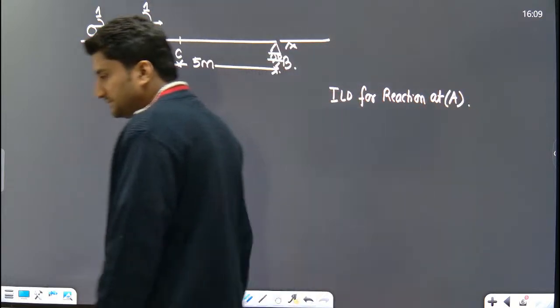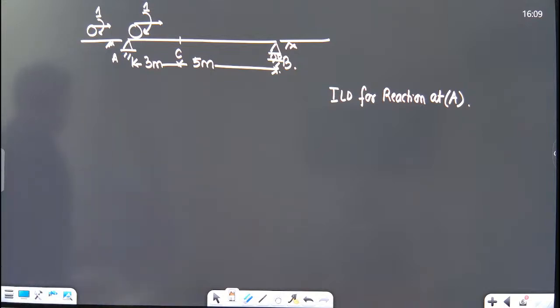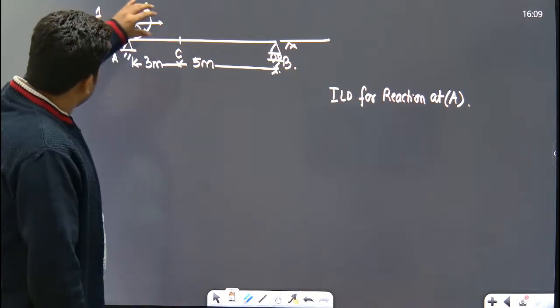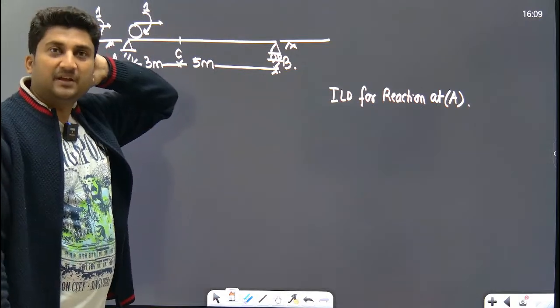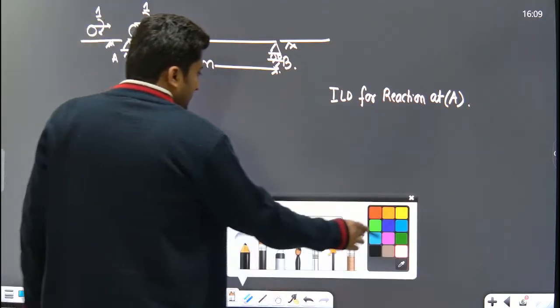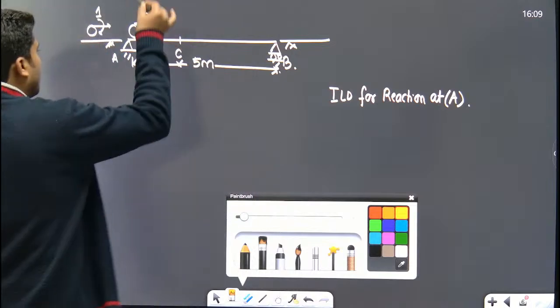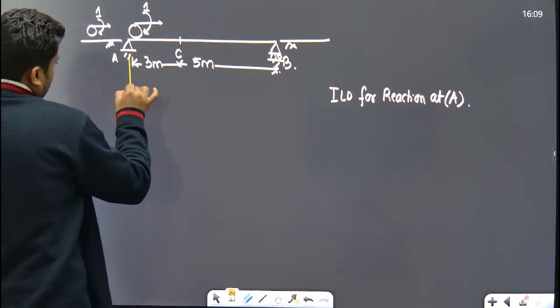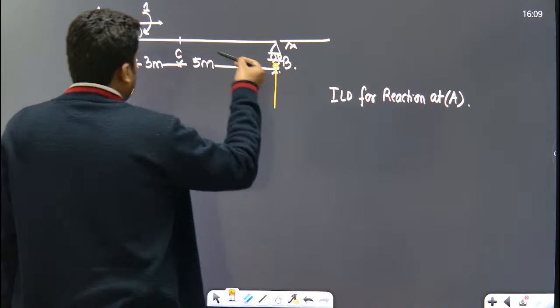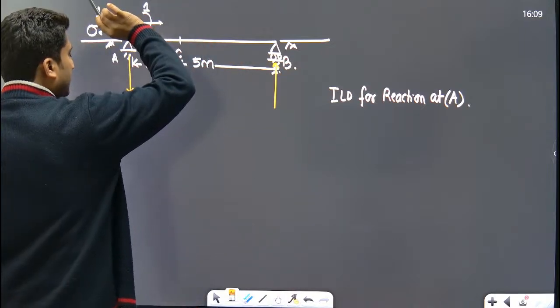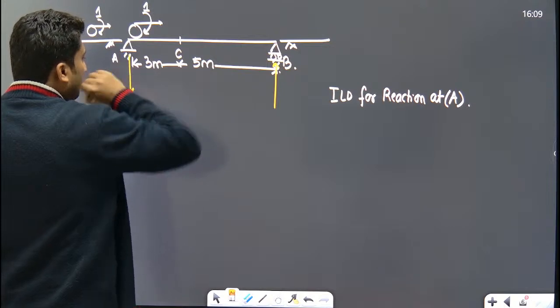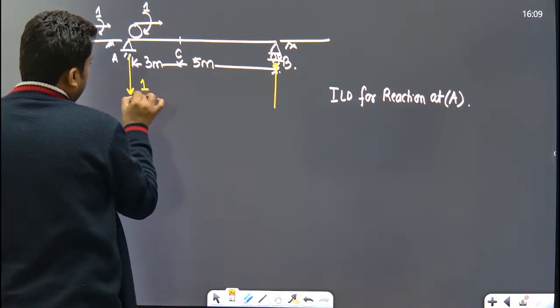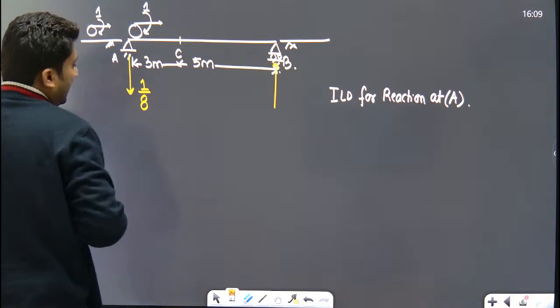Can you attempt this? Whatsoever be the position of this unit moment, what will be the reaction at A and B? So the unbalanced moment is clockwise. So the reaction developed will be anti-clockwise, 1 upon L, 1 upon 8. This will be 1 upon 8. Yes or no?